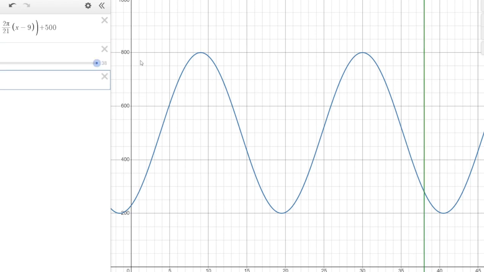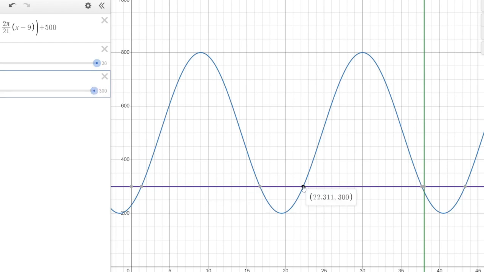The y-axis would be her red blood cell count. So y equals 300 will be the interval that we've got to look at. Since day 9 will be right here, after her first treatment, the days that she'll feel bad are day 16 and day 22. Like halfway across day 16, it's like 16.689.